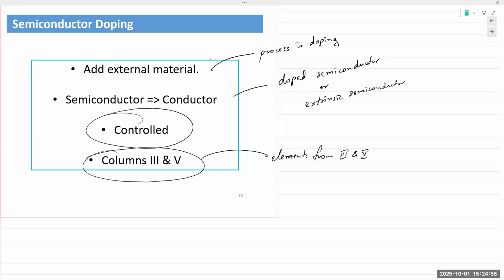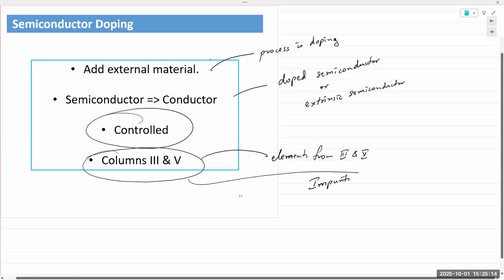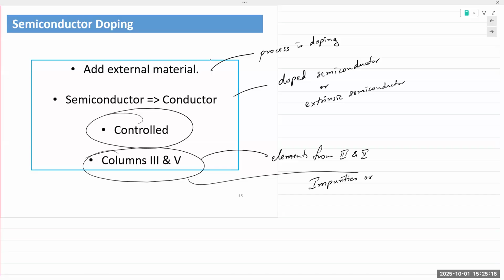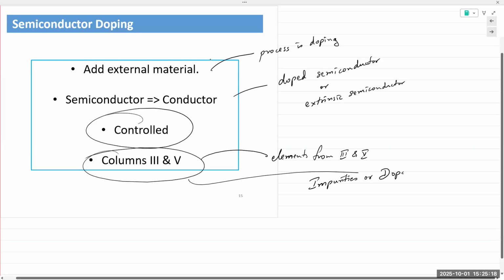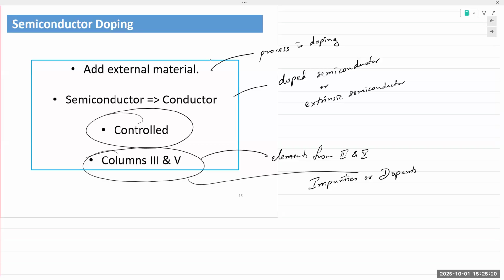And because we are adding these to a pure crystalline material, we define them as pure and impure. And so these are known as impurities or dopants.